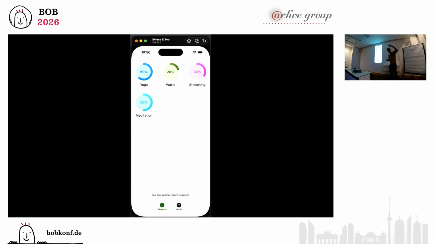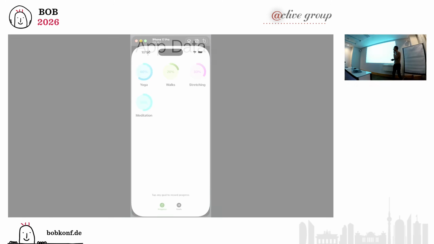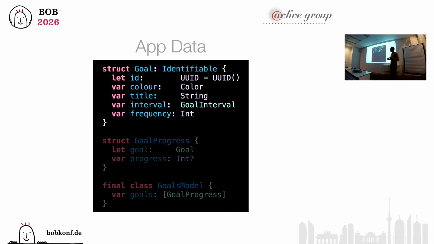So what's the underlying data for this? Well, in Swift, we define a struct. A struct is like a Haskell record. It's a product type with labels, with all these properties. And then we pair these goals with progress. Now, this question mark thing is an optional in Swift, so a Maybe type in Haskell, which means if there's no progress, it's not active and won't be shown in the summary screen.